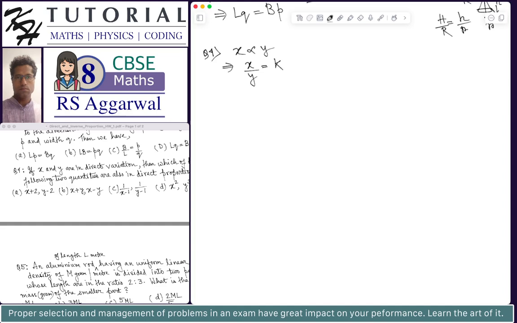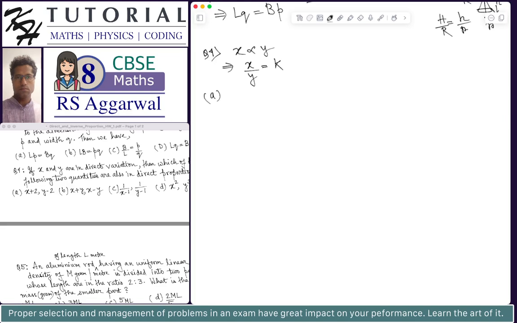We don't know what k is, but k is a constant. Now for this kind of problem, what do we have to check? We have to check which of the two quantities are in direct variation. If two quantities are in direct variation, then the ratio has to be a constant. So let's check option by option.